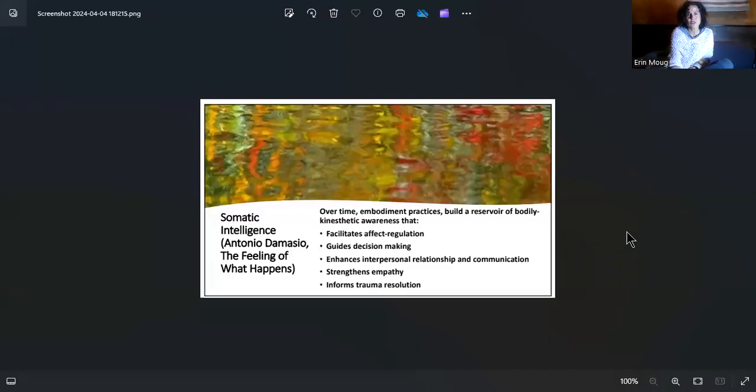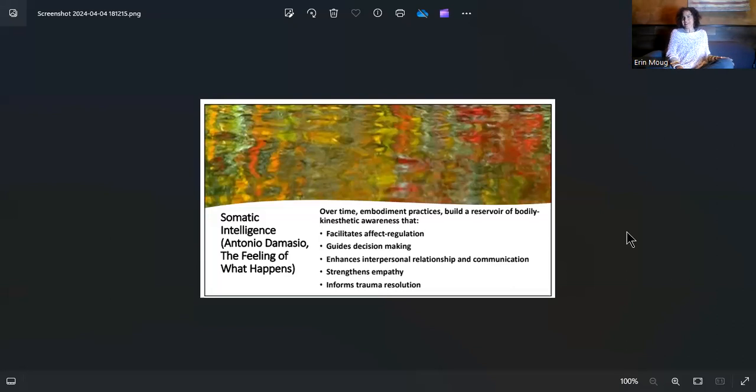All right. So what is somatic intelligence? So the feeling of what happens. So over time, embodiment practices build a reservoir of bodily kinesthetic awareness that facilitates affect regulation, guides decision-making, enhances interpersonal relationship and communication, strengthens empathy, and informs trauma resolution.